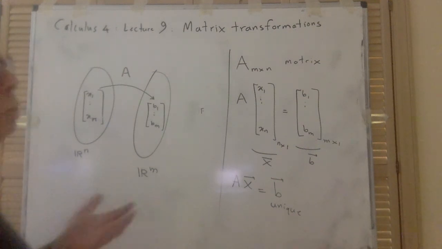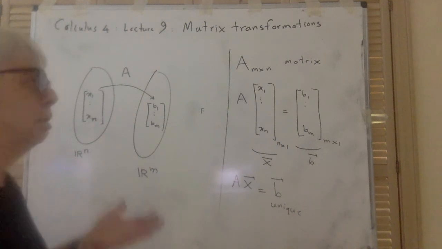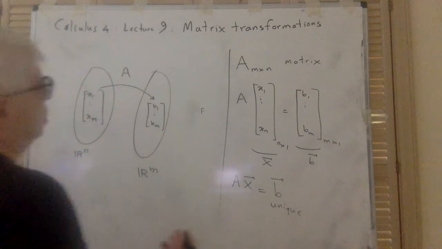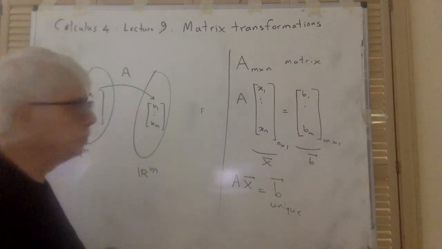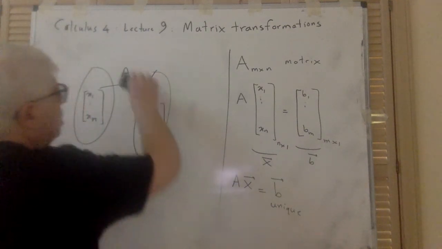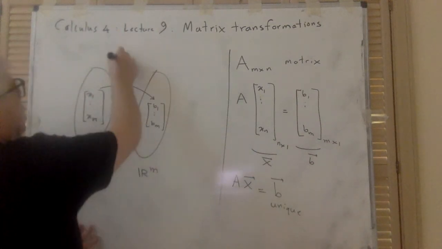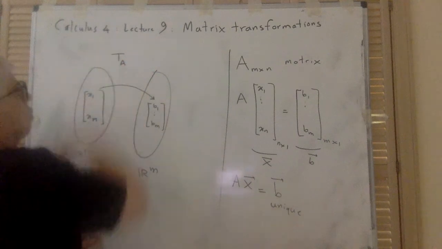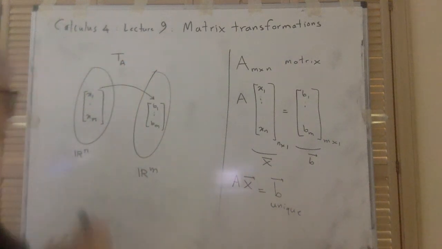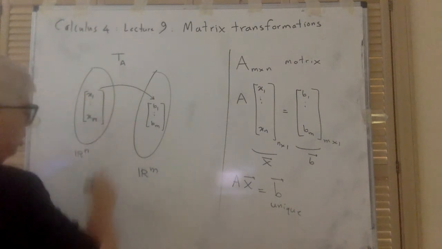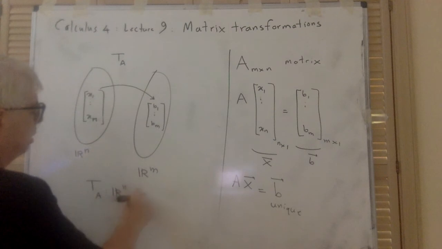But you might say, okay, no, this is a matrix what we're talking about. So we introduce a notation. Instead of using A, we use T sub A, the transformation defined by A. Now this is a function from Rn into Rm.